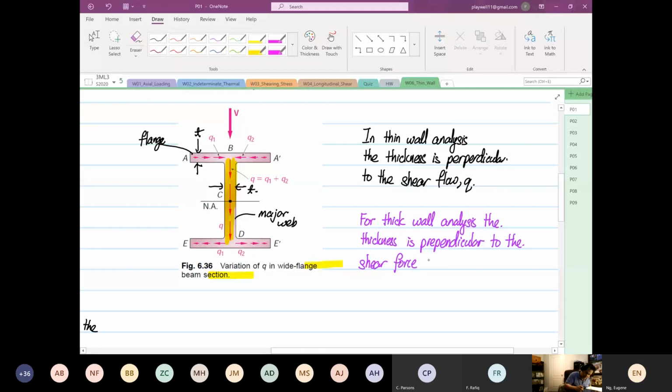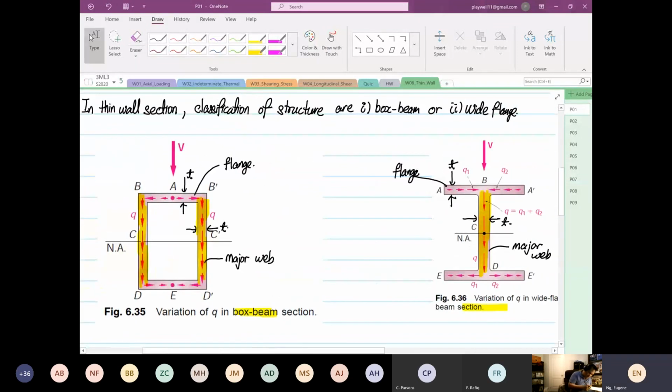So for thick wall, this is your thickness, T. I highlight that this is for thick wall.